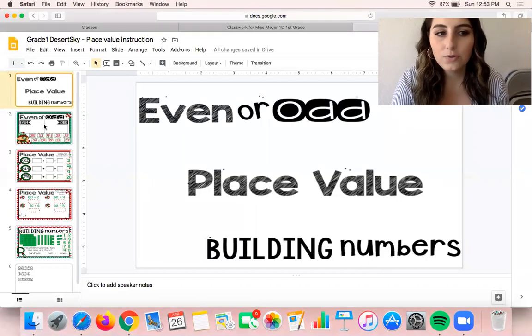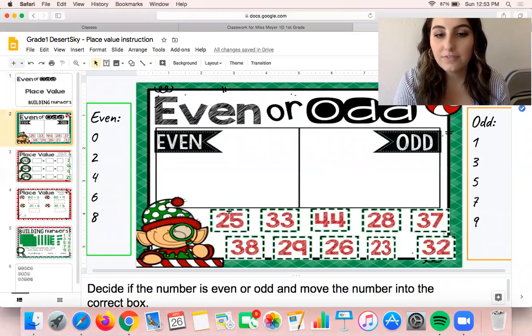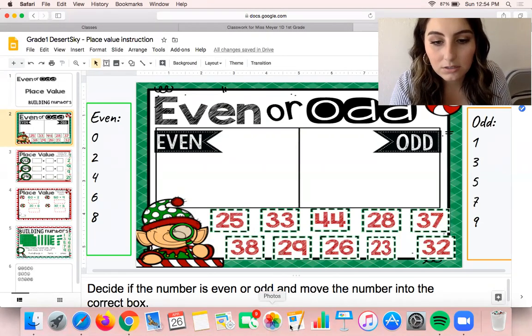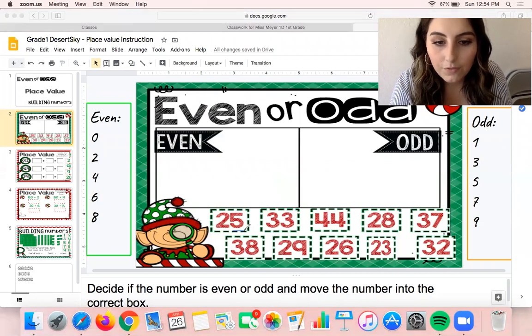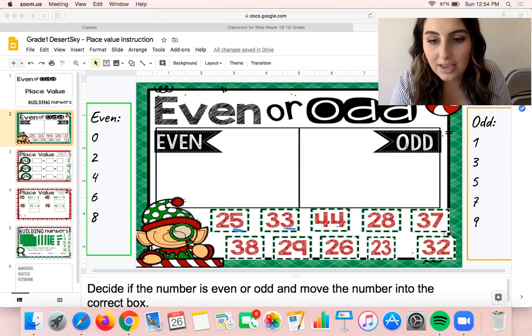So first, you're going to practice your even and odd numbers. You're going to decide if these numbers down here at the bottom are even or odd. So we need to look at the numbers here in the ones place. The first number doesn't matter. We always look at that last number all the way at the end in the ones place.